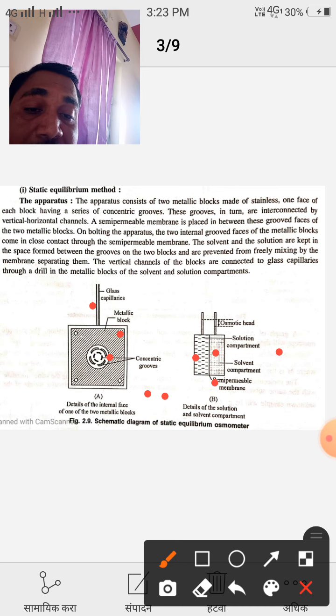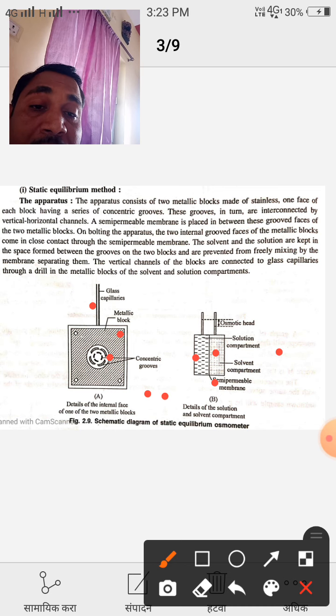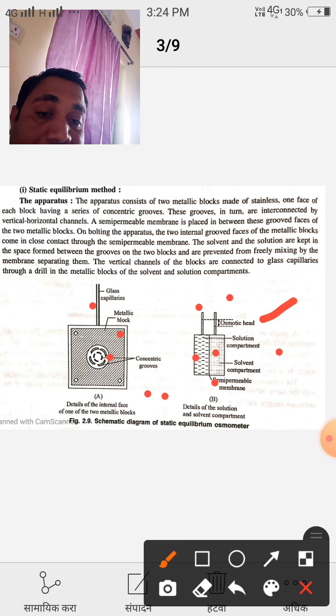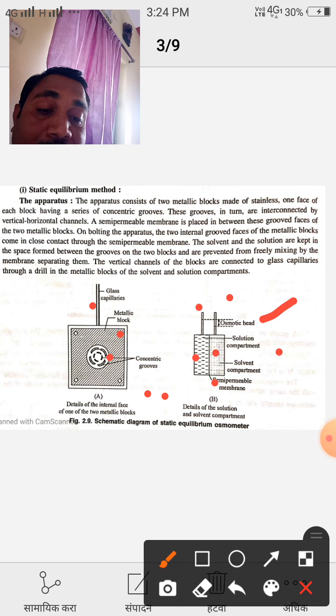The middle line is the line of the semi-permeable membrane, and these are two capillaries. This is called the osmotic head. From this osmotic head we can calculate the osmotic pressure.